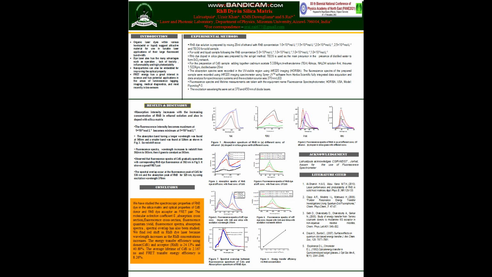From our graph, we find that there is a redshift in rhodamine dye laser because wavelength increases as the rhodamine concentration increases, and the energy transfer efficiency using donor CdS and acceptor rhodamine B is 24.13% and 40.89%, and average lifetime of CdS is 2.16 nanoseconds, and with energy transfer efficiency is 8.26%. Okay, thank you.